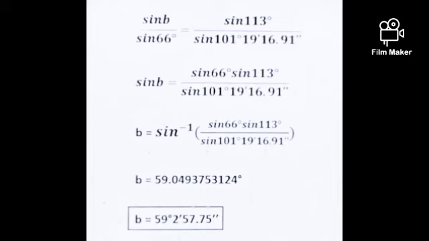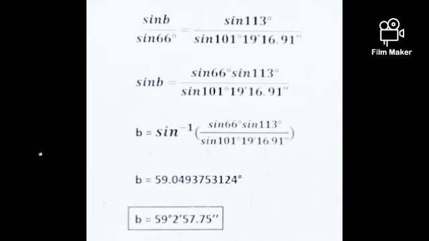Again, we multiply sine of 66 degrees by sine of 113 degrees. We get sine small b equals sine of 66 degrees multiplied by sine of 113 degrees over sine of 101 degrees, 19 minutes, 16.91 seconds. Hence, small b equals arc sine, or shift sine, or inverse sine of 66 degrees multiplied by sine of 113 degrees over sine of 101 degrees, 19 minutes, and 16.91 seconds.